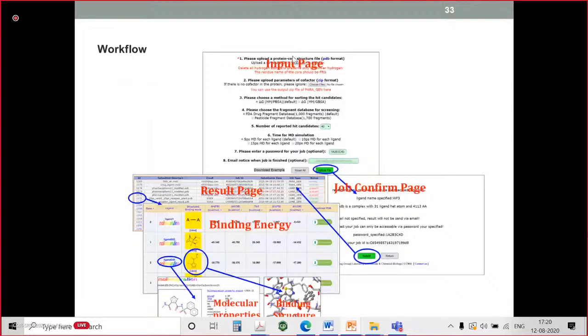fragment-based drug design approach. So once you submit, your job is confirmed, and later on, stage by stage, the program is going to evaluate the molecules and give the result. So these results are going to show you the binding energy basically, along with the binding modes as well as the different molecular properties.